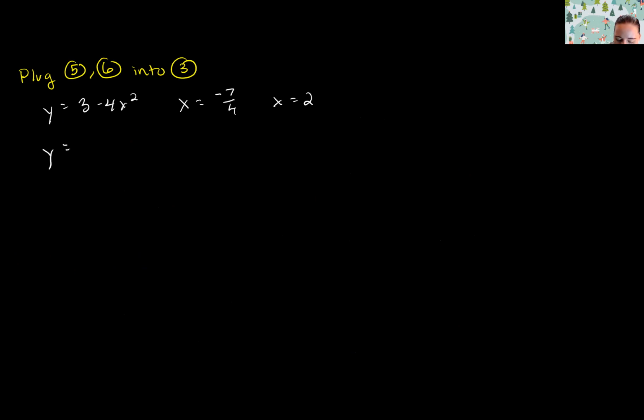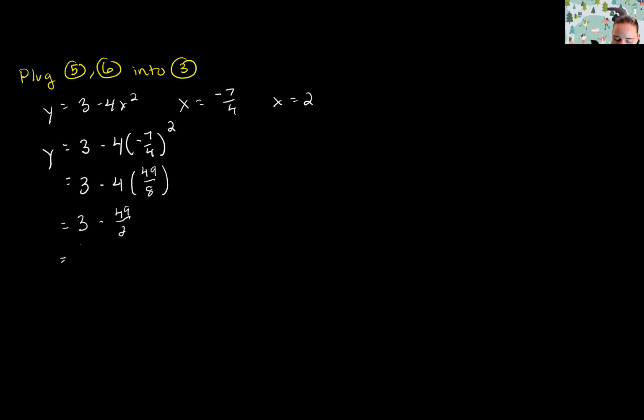So if I plug in negative 7 over 4, I'm going to have 3 minus 4 times negative 7 over 4 squared. So this is 3 minus 4. And when you square it, you're squaring the top and the bottom, and you square negative, it's going to be positive, and that will give us 49 over 8. And that reduces to 49 over 2.